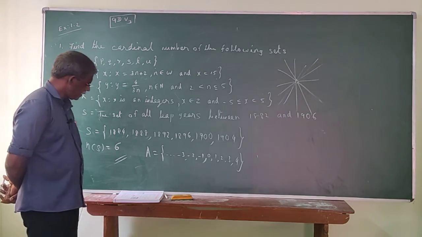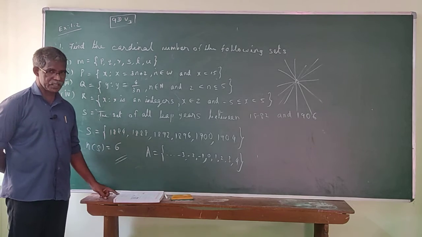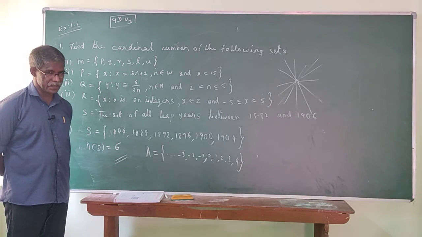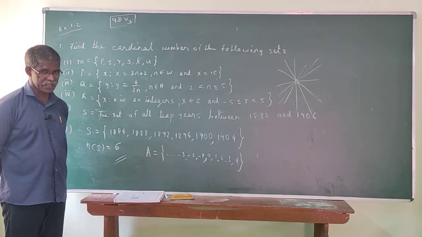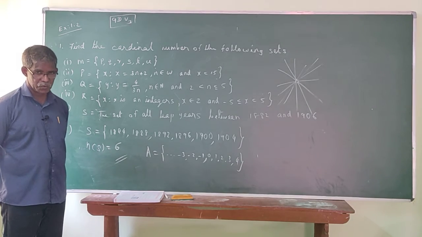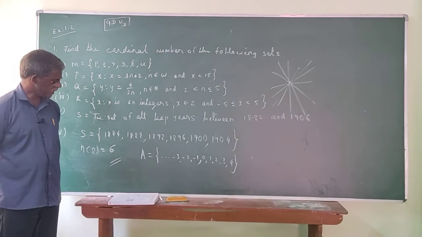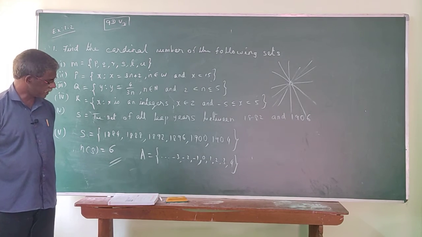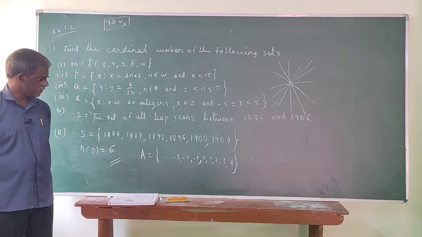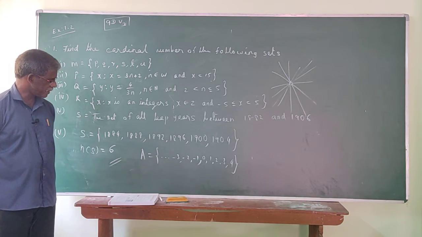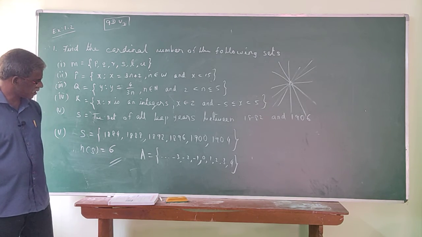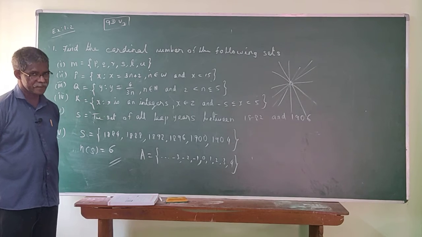Anyway, for a quadratic equation, the number of solutions is only 2, not more than 2. If it is a maximum of 2, then it is a finite set. So for question number 4, the set B is the finite set.